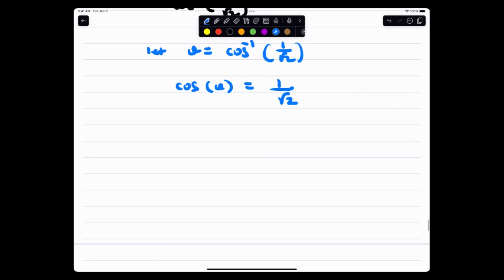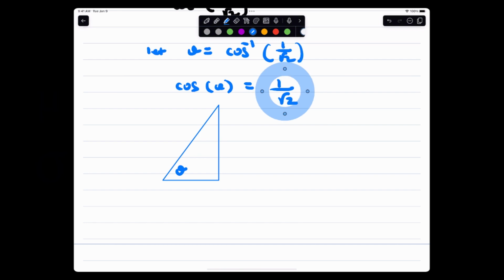Okay. Now, you might say, well, what do I do? Well, you're going to have to remember, this is good. You say, what is good? Isn't this nice and positive? What's the definition of cosine? Adjacent over hypotenuse. So the adjacent side is 1, the hypotenuse is the square root of 2.